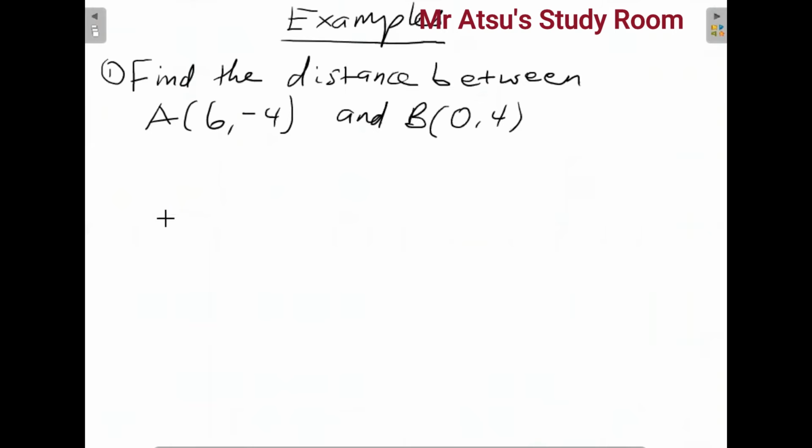So we are now going to fix these 2 points into the formula and see whether that will be what we are getting. We will get 10 units or not. Alright.